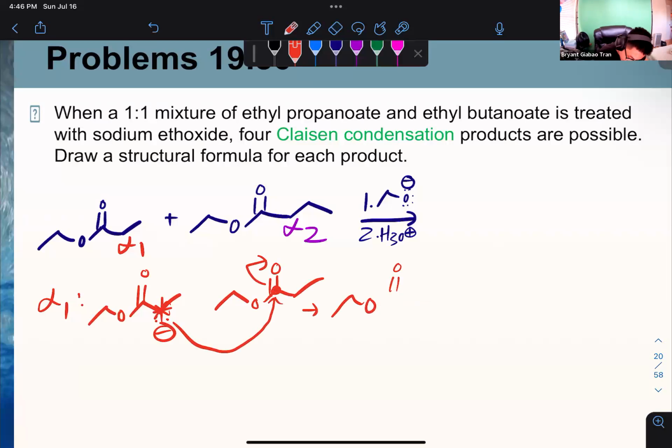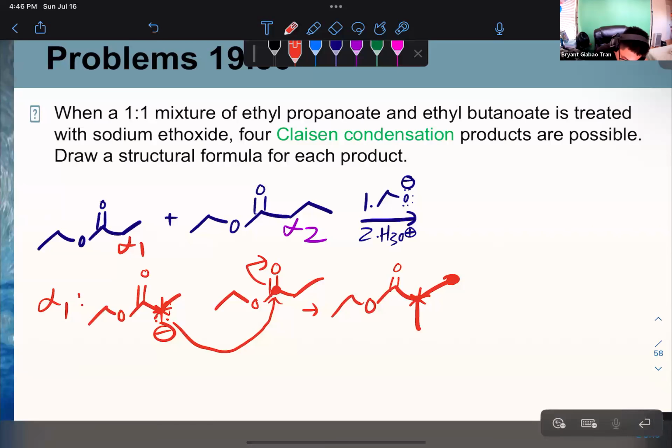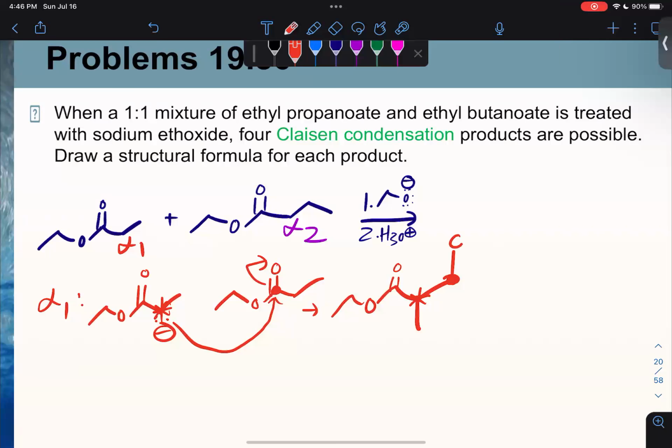And I'm making the new bond right here. This is the new bond I just drew between the starred and dotted carbon. You see this new bond over here? Yeah, so that's the new bond. And then I draw what's attached to the dotted carbon, which is O minus, ethyl, and ethoxide.